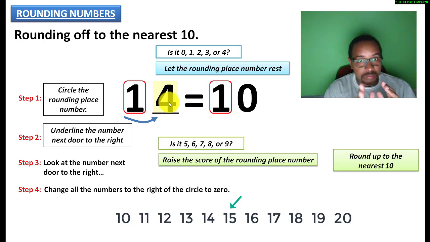Remember, 15 is in the middle. 10, 11, 12, 13, 14, 15, 16, 17, 18, 19, 20. 15 is in the middle. 14 is closer to 10 than it is to 20. Keep that in mind. But still, we're going to do some more numbers and follow the rules. All right? Let's go.